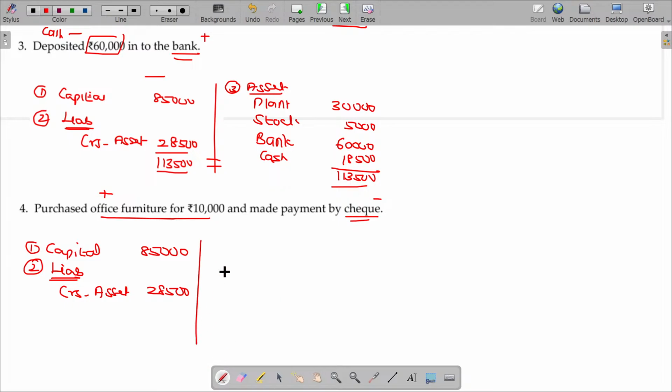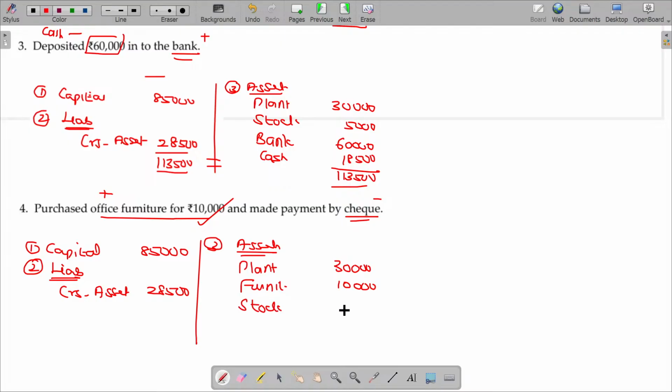In the asset side, what happens? Already we have plant, and one more asset comes in. So plant 30,000 rupees. The new asset is furniture. Stock remains as it is.